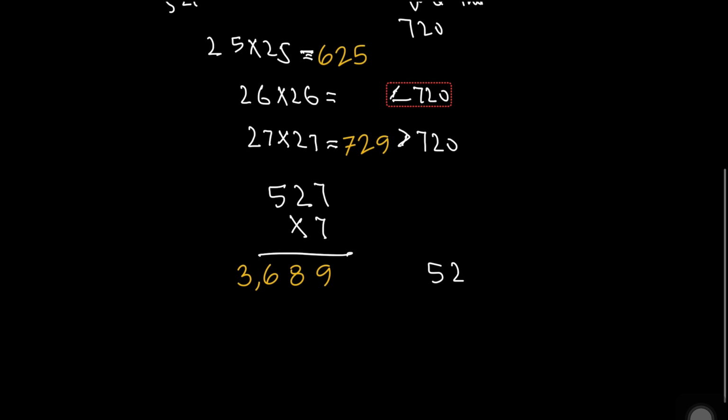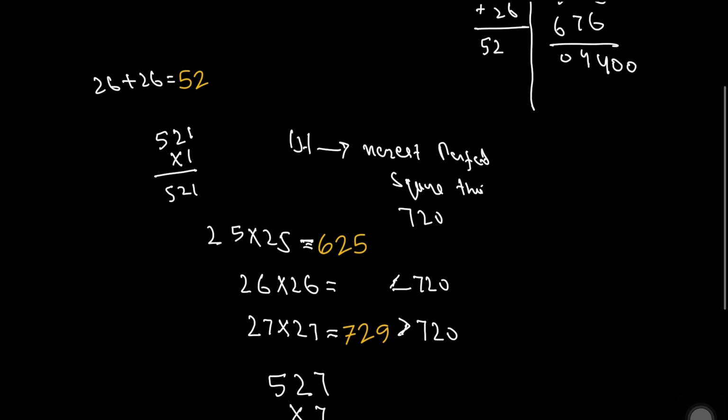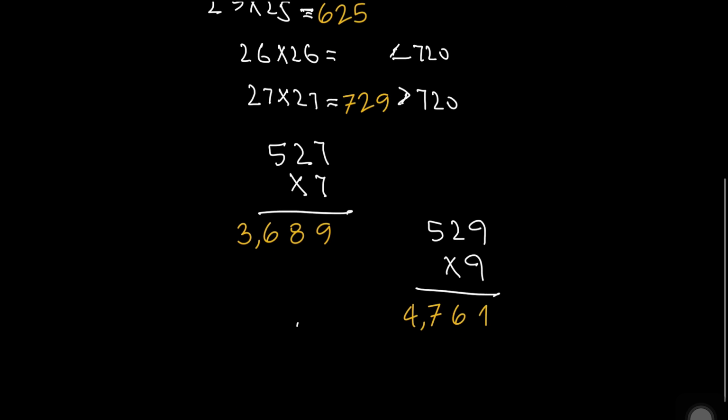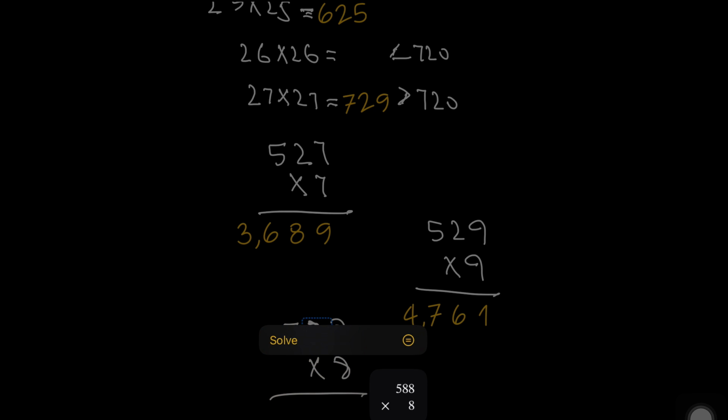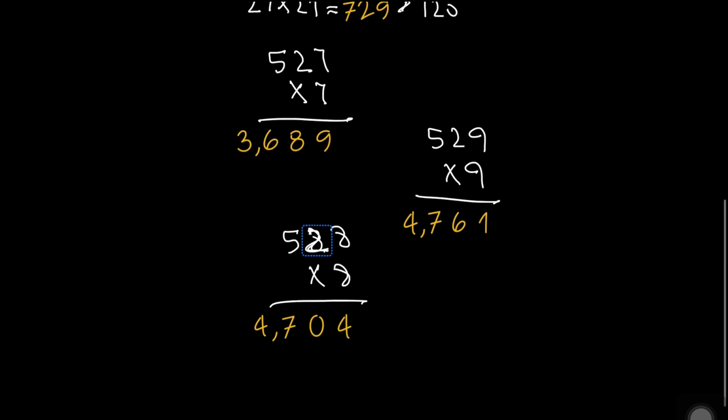So 52, here 9 multiplied by 9, gives 4761, which is over 4400. So we take the table 8 times. 52 8 multiplied by 8 is 4704, which is also over.